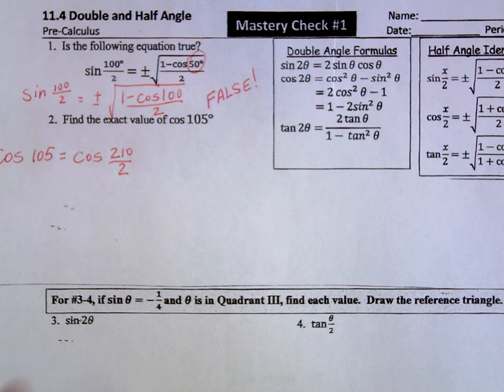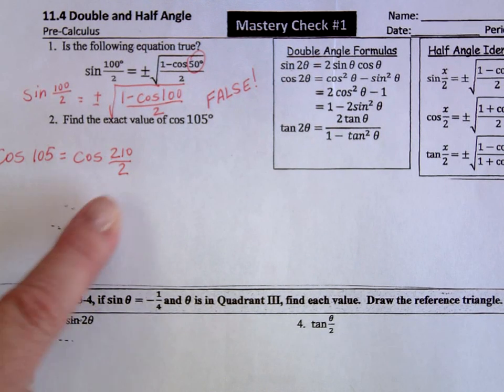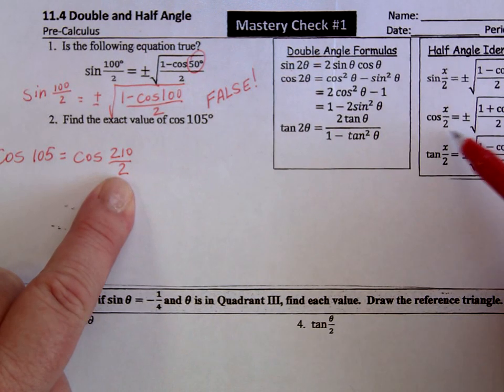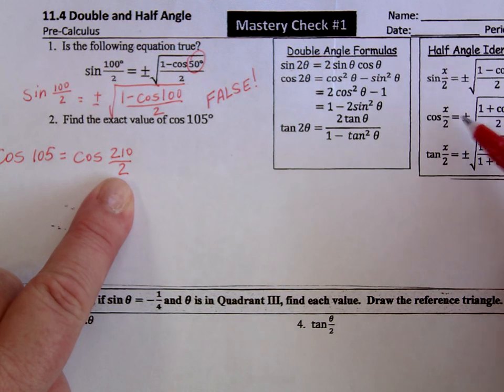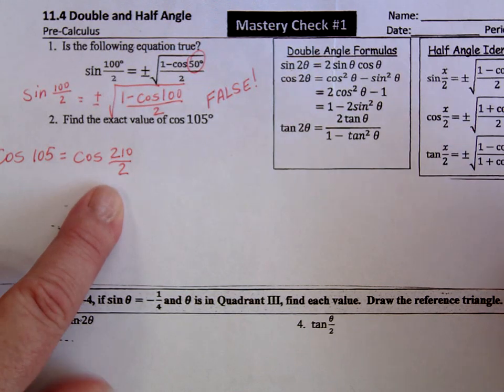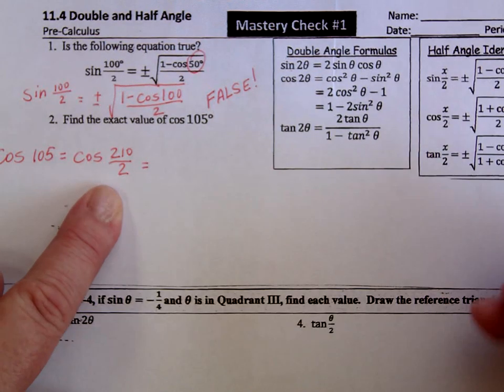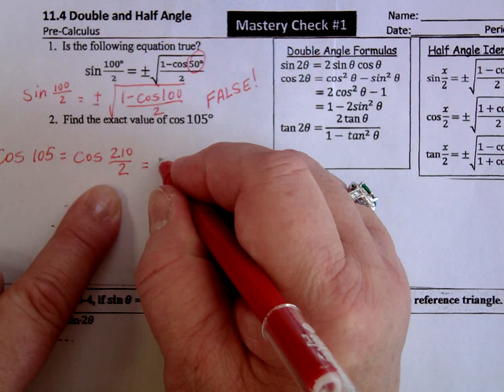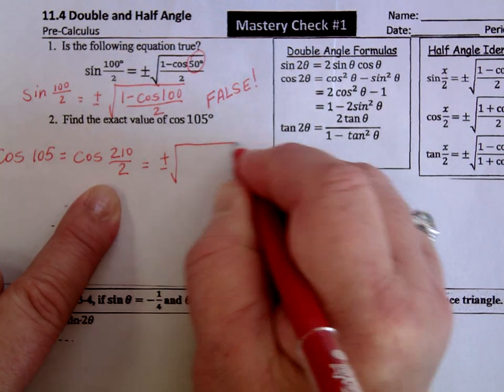Now this lets me apply my half angle formulas. So the cosine of 105 is equal to the cosine of 210 over 2, and now I'm going to use my expansion of this. It could be positive, it could be negative, we'll talk about that in just a minute.